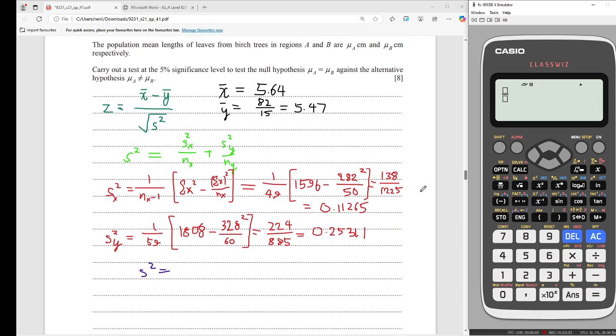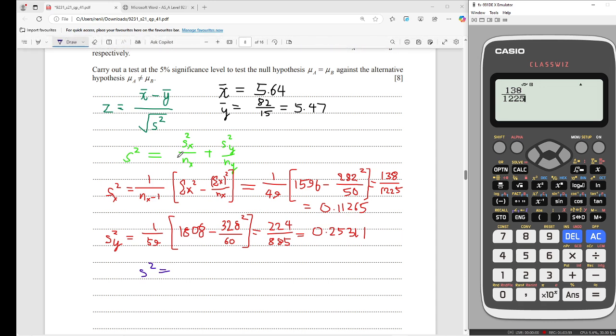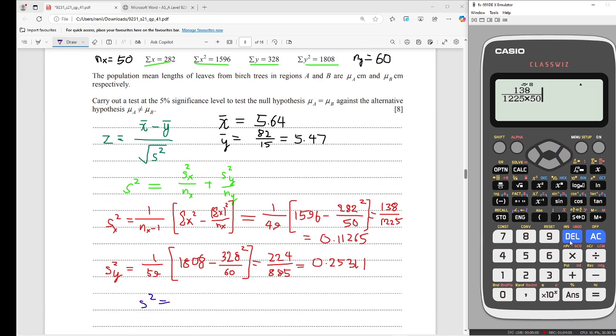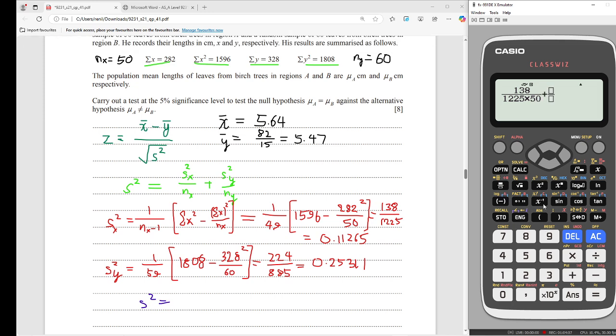So S2 of x we've noted as 138 by 1225, and when we are dividing with nx, all we're doing is multiplying the denominator with nx, number of terms of x, which is 50, and this is added on with S2y, and I'd like to use the same format as before. 885 multiplied with the number of terms of y, which is 60, and this becomes our combined estimate formula, which is our value.